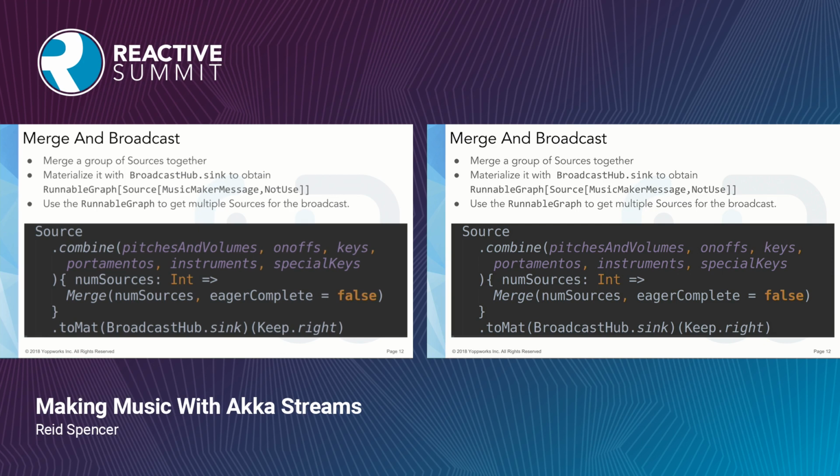So what BroadcastHub sync does is it gives you that materialized value, which is the source, I believe. Yes, it's the source. So each time you call whatever function this is in, it's going to give you a source. This means you can actually hook up multiple readers of that combined information.